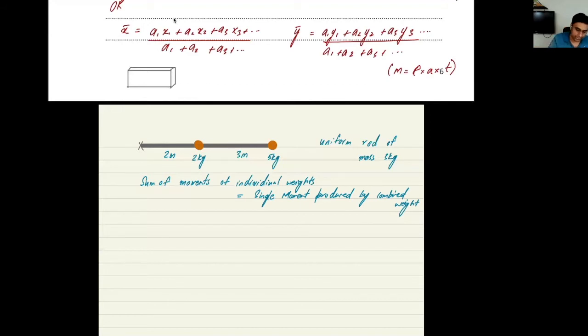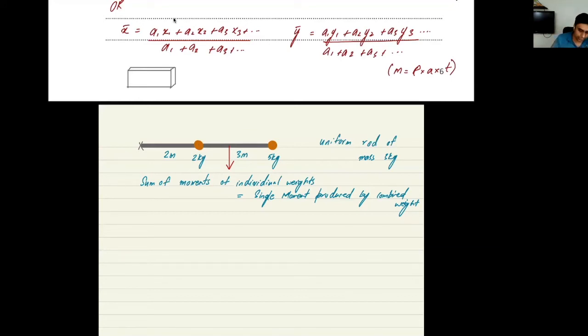I want to see that all 3 together, where exactly would all 3 together produce an effective weight. And you do that in terms of moments, that the moment produced by 2 kg plus the moment produced by 3 kg, weight of the rod, plus 5 kg moment. And the sum of these moments must be equal to the combined moment of the 3 masses being put together.